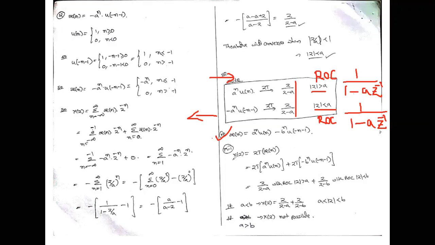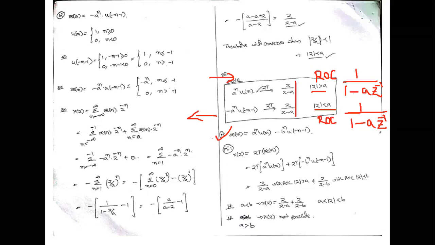According to the Z transformation definition, X of z is equal to the Z transform of x of n, and we have the Z transform of two functions: one is a power n mu of n plus the Z transformation of minus b power n mu of minus n minus 1. This is a standard signal.